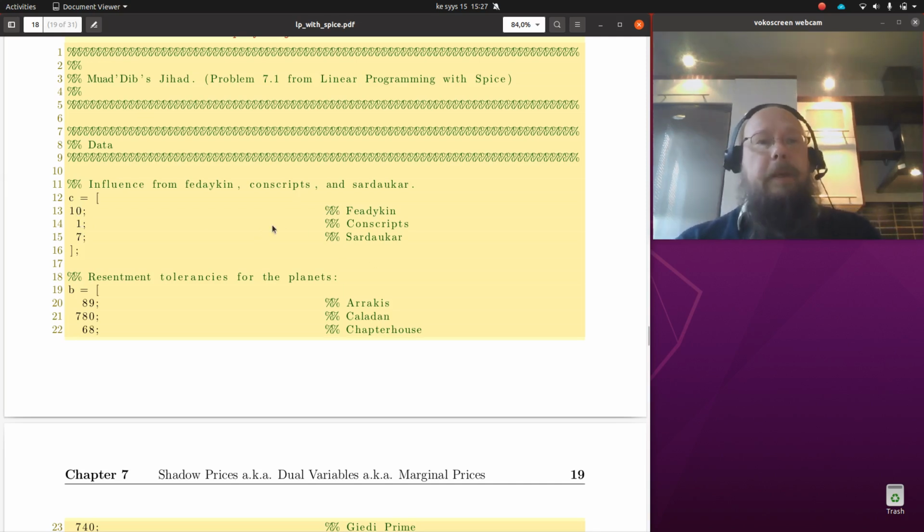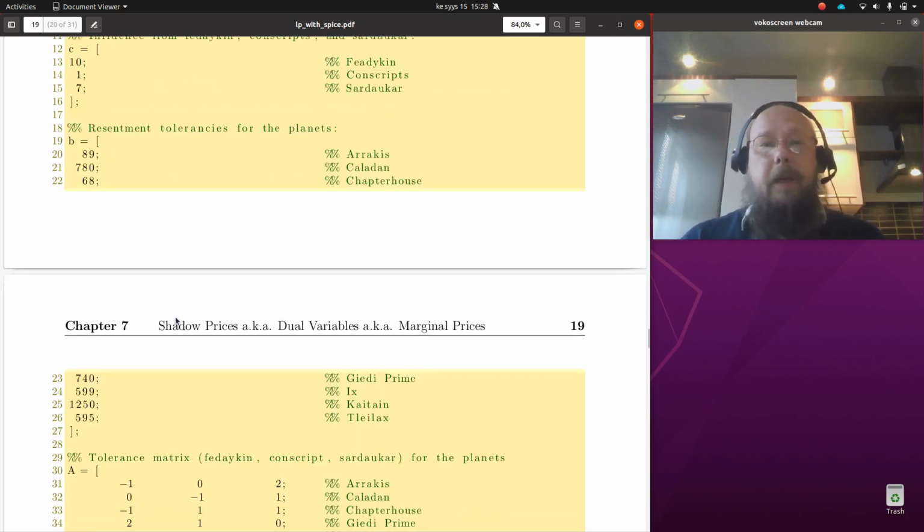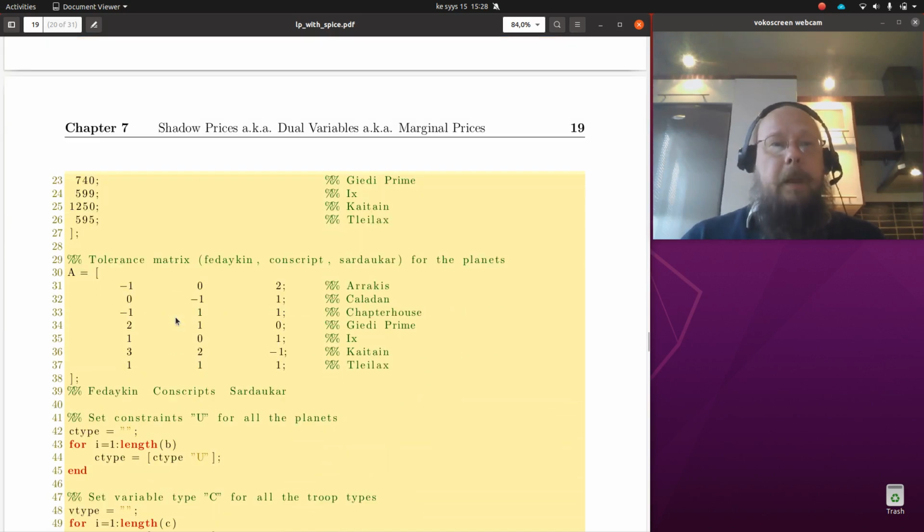So this means the influence of Fedaykin, Conscript, and Sardaukar. And then resentment tolerances, these are the b's for Arrakis, Kaladan, Chapter House, Giedi Prime, Kaitain, and Tleilax. And then here is the tolerance matrix, with the opening and closing brackets on separate lines.